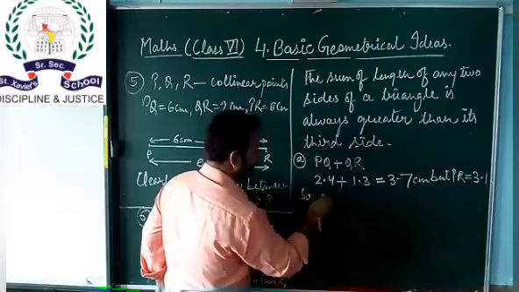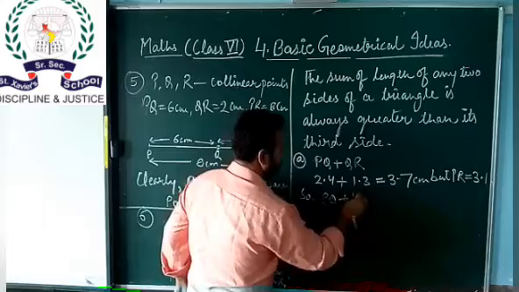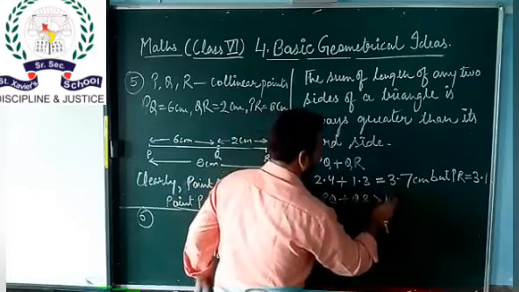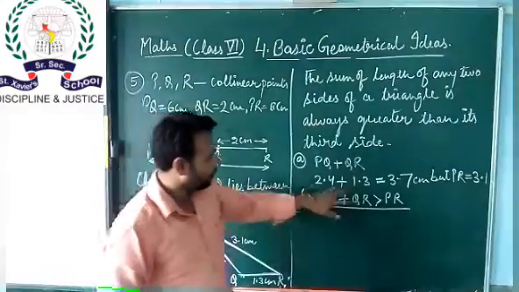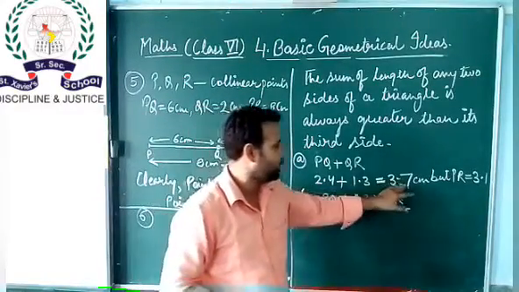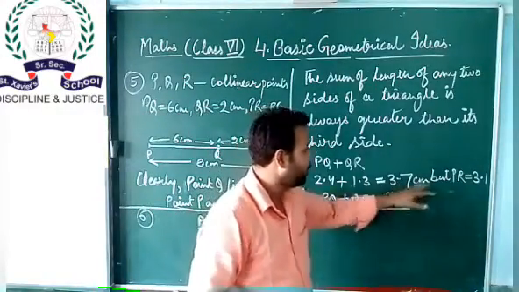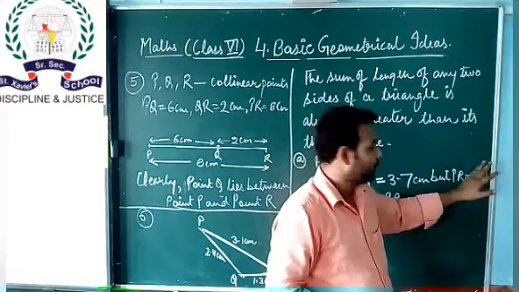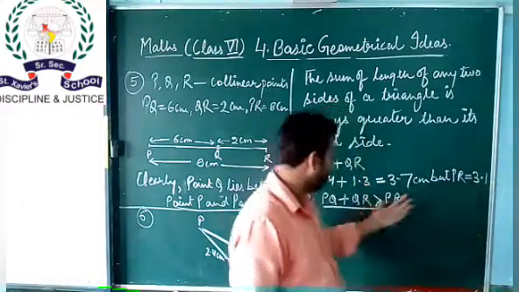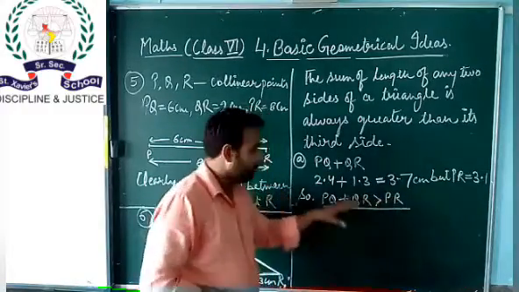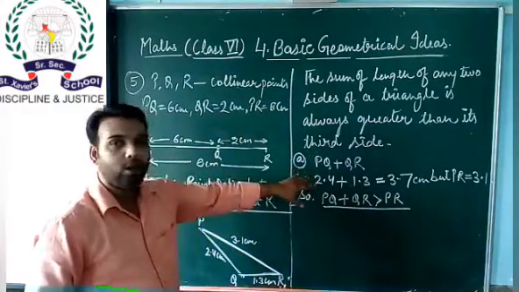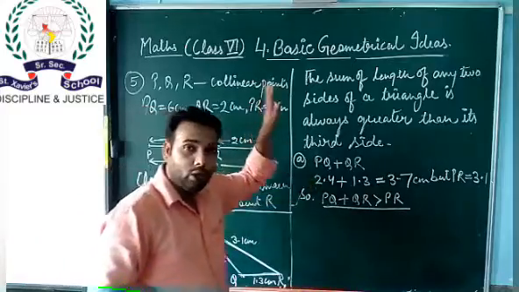So PQ plus QR is greater than PR, because the sum of these two line segments is 3.7 centimeter, but the length of PR is just 3.1 centimeter. It means the sum of these two sides is greater than its third side. But this is only one condition. You have to check all the conditions.